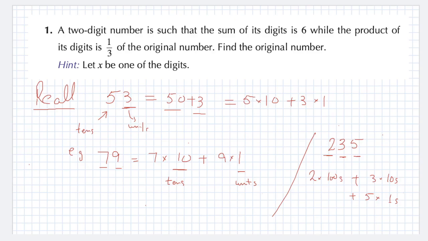Over here we are given a two-digit number, so it means we have only two digits. We can break it into units and tens. So let's say we have x tens and let me call it y units. So the two-digit number I can express as 10 times x plus y times 1.